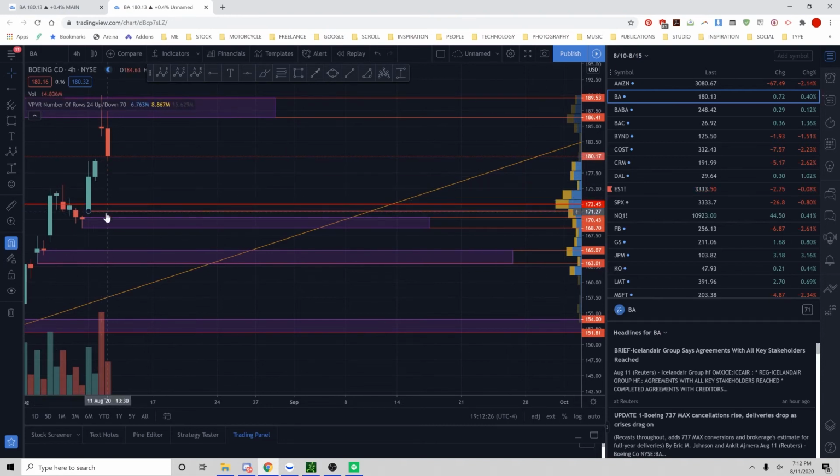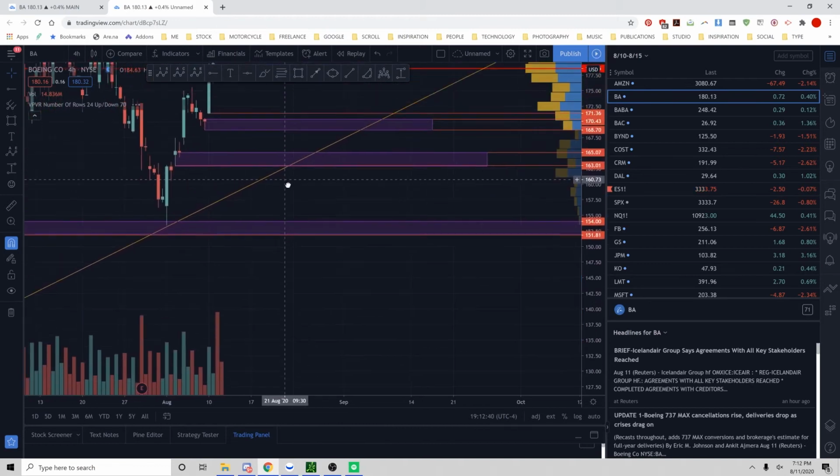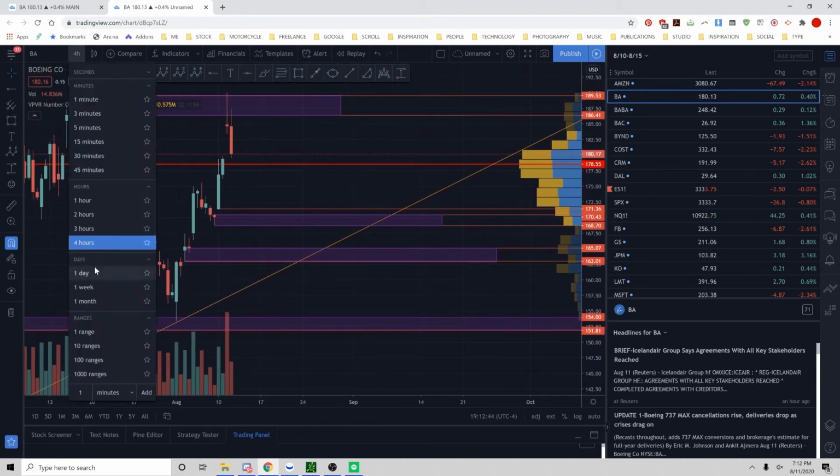So I would probably be taking profit on any puts. I'm not in any positions at the moment, but I would be taking profit on puts here, expecting a bounce, buyers to come in. If we lose that, I'd expect buyers to come in here. If we lose that, I'd expect buyers to come in here. And if we lose this level, that would not be looking very good for BA.